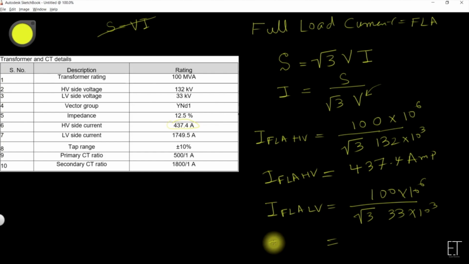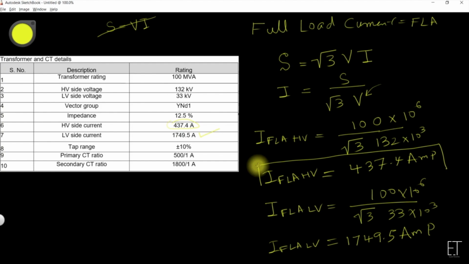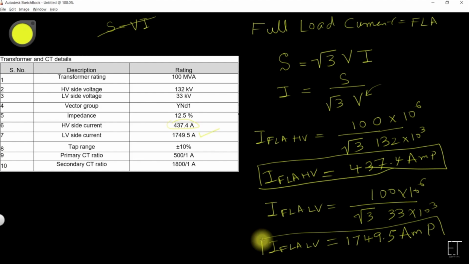I full load ampere LV, as you can see already calculated here, is equal to 1749.5 amps. So we have calculated the full load ampere for the HV side and also for the LV side. We will use these in our differential protection settings and calculations. Thank you very much.